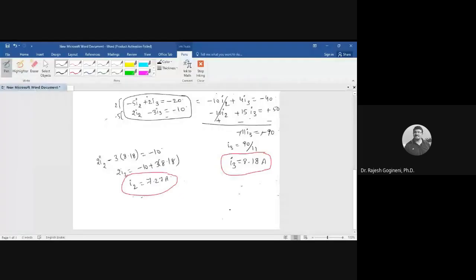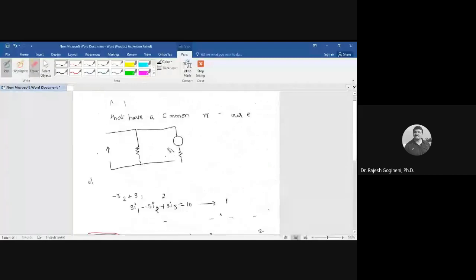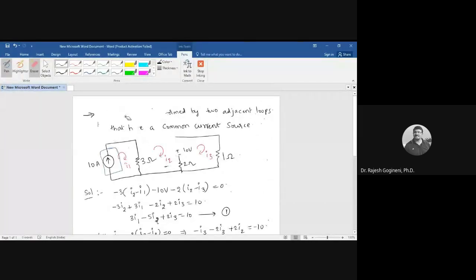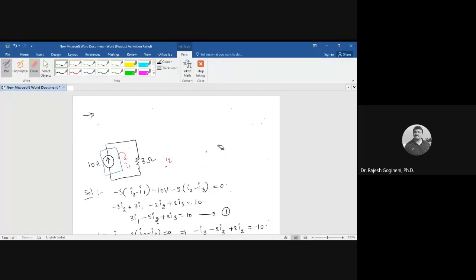Yeah, okay. So I will move to the next topic. So far we have used mesh analysis to solve the network for finding out the different mesh currents. Now the dual to this mesh analysis is nodal analysis.